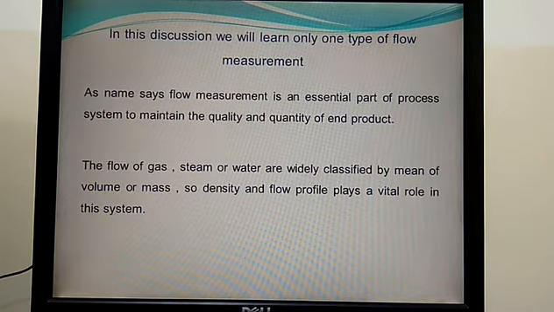In this discussion we learn only one type, flow measurement. As the name says, flow measurement is an essential part of a process system to maintain the quality and quantity of the end product.